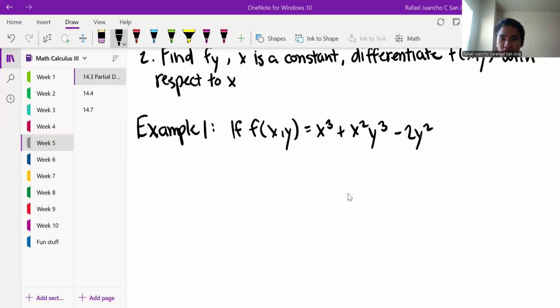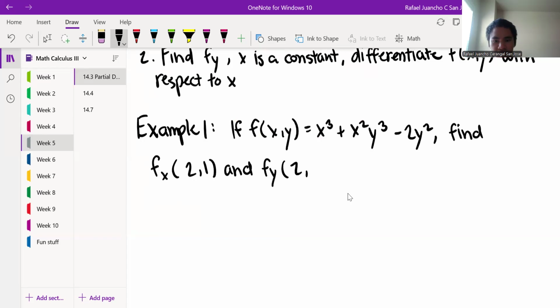Now we want to find f sub x, and f sub y.